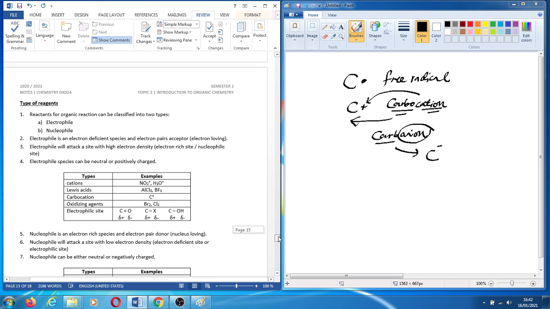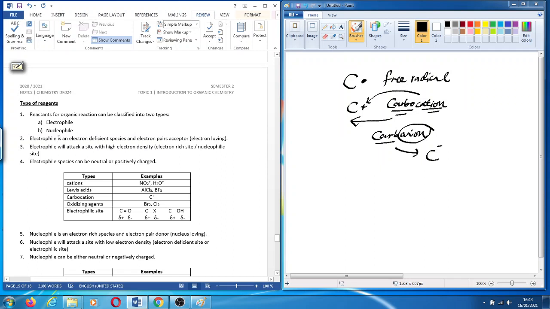And after that, we look at the types of reagent. Reagents for organic reactions can be classified into two types. The first one is electrophile, the second one is nucleophile. It is very important to understand what is electrophile and what is nucleophile. Electrophile is an electron deficient species and electron pair acceptor.